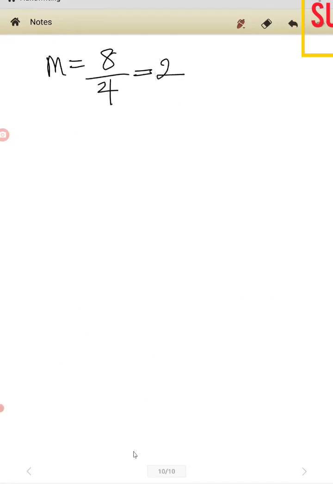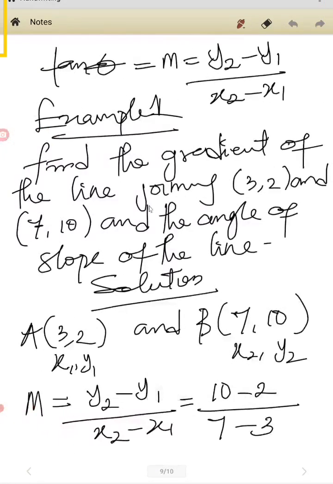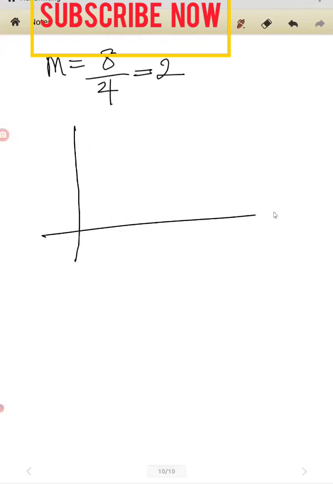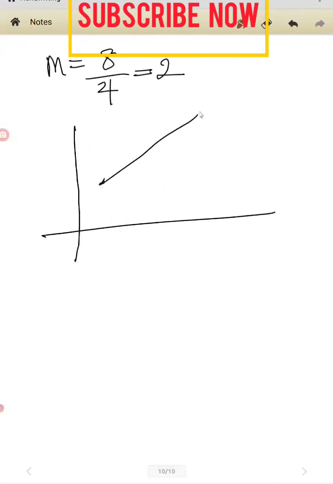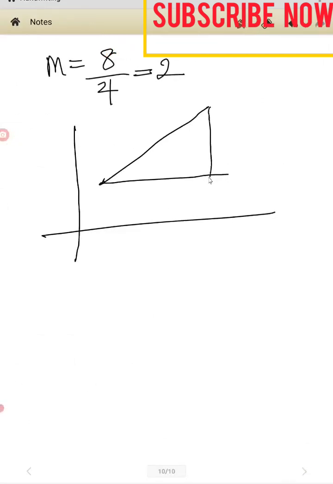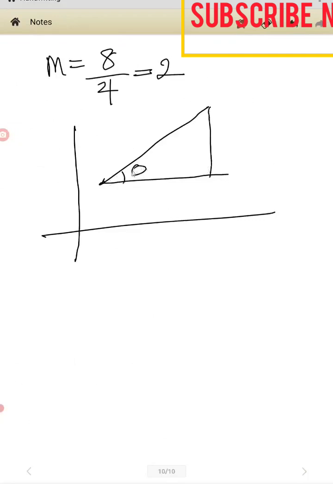So the question continues. It says, and the angle of slope of the line. So let's sketch and see what is happening. This is the point. This is just what it's trying to explain. This is the angle it's trying to explain.